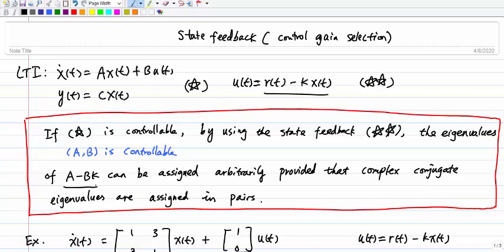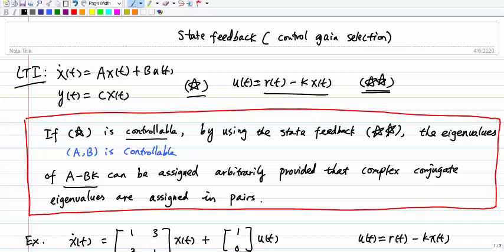If my original linear time invariant system given by star is controllable, or as people also say, (A, B) is controllable, then by using the state feedback, the eigenvalues of A minus BK can be assigned arbitrarily, provided that the complex conjugate eigenvalues are assigned in pairs. Okay, so this is what it means.